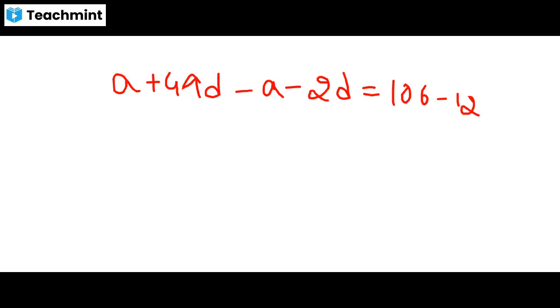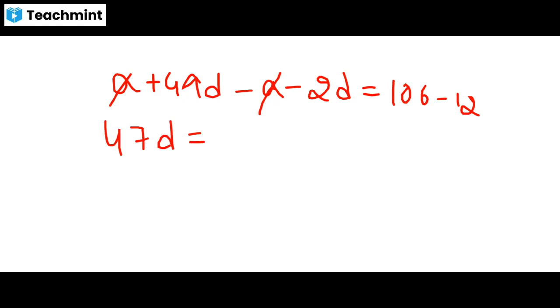Now what can you cancel in this? A, miss. So plus A minus A will get cancelled. Next, 49D minus 2D is 47D, miss. 47D.